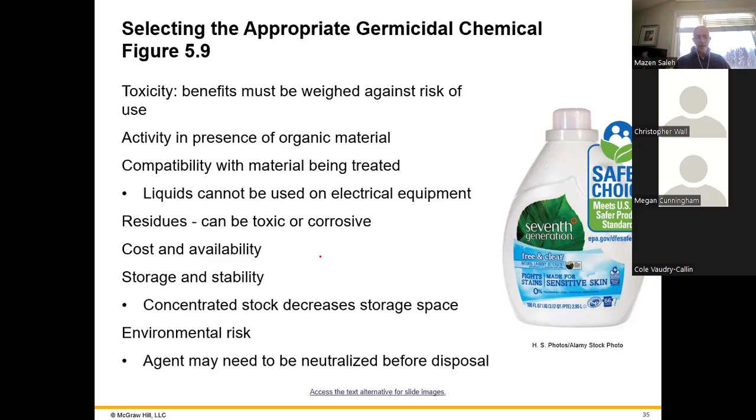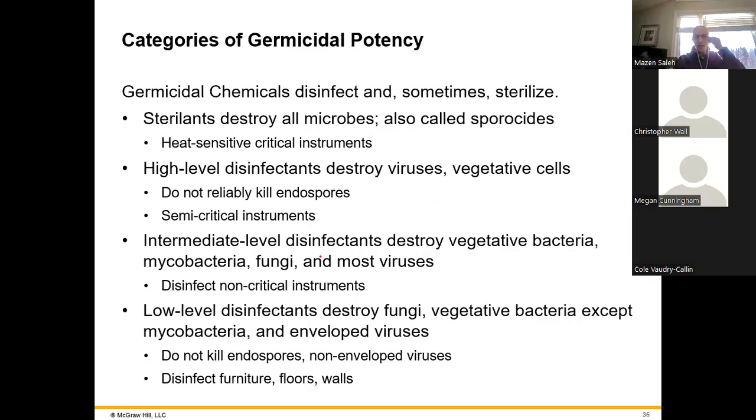So environmental risk needs to also be taken into consideration, obviously. Now, in terms of effectiveness of the chemical agents, again, they're also classified into distinct categories.